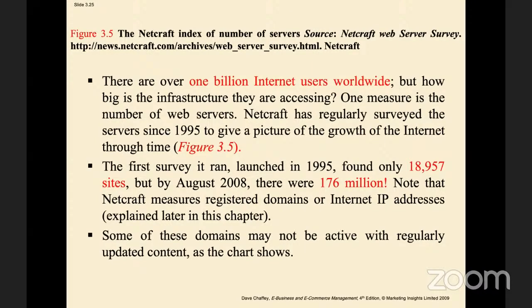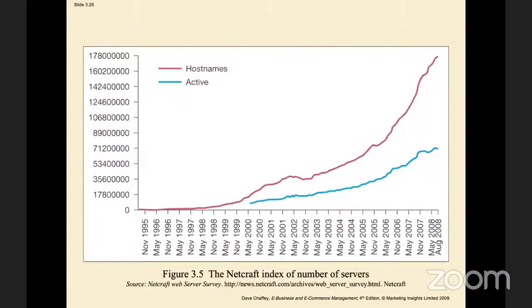Some of these domains may not be active with regularly updated content, as the chart shows. So here is the chart, from 1995 to August 2008, and the host names are in red and the active are in blue, and the difference in the numbers is very huge.